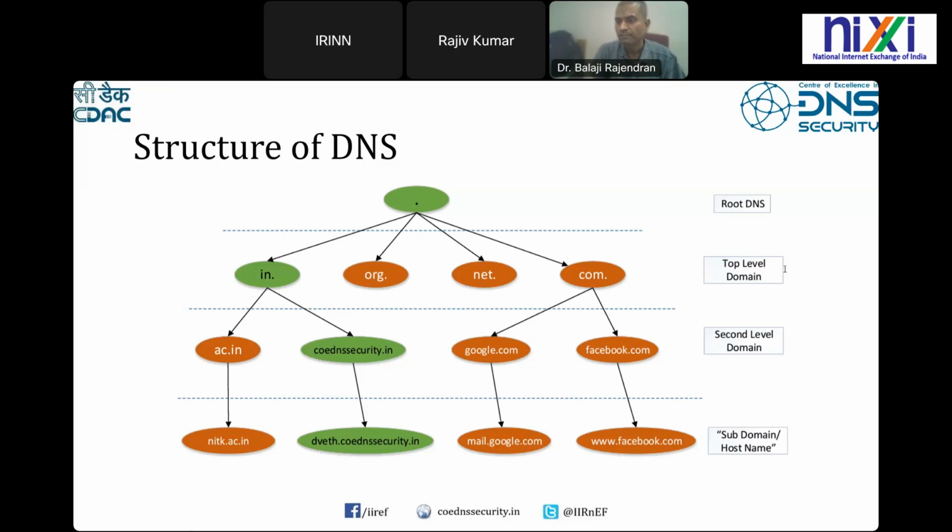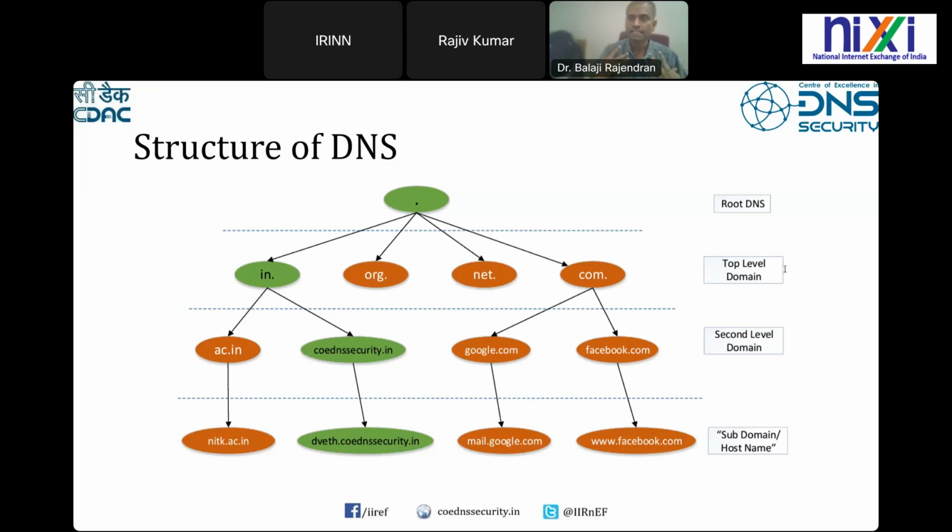So as I said, the root zone will not contain this. This is where the distributedness comes into the picture. I am responsible for my namespace. .in is responsible for its own namespace, and the root server is responsible for the root namespace.